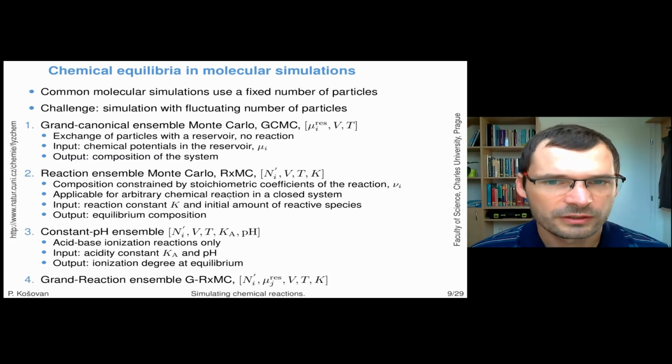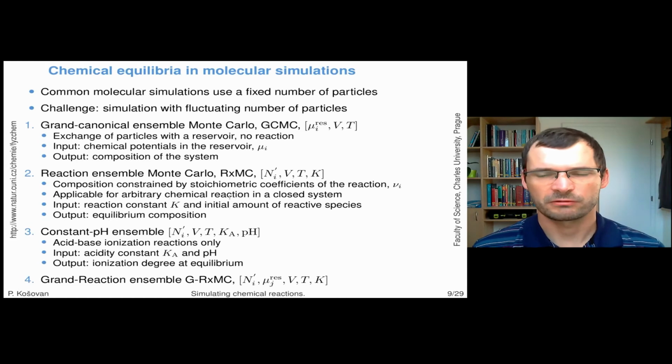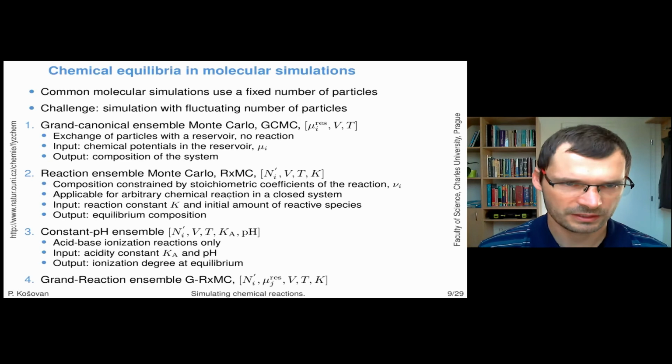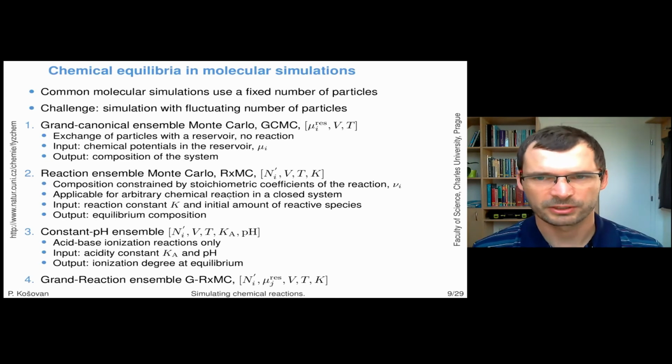As I mentioned in the introduction, common molecular simulations work with a fixed number of particles in NVE or NVT ensemble, and it is a challenge to simulate with fluctuating number of particles.